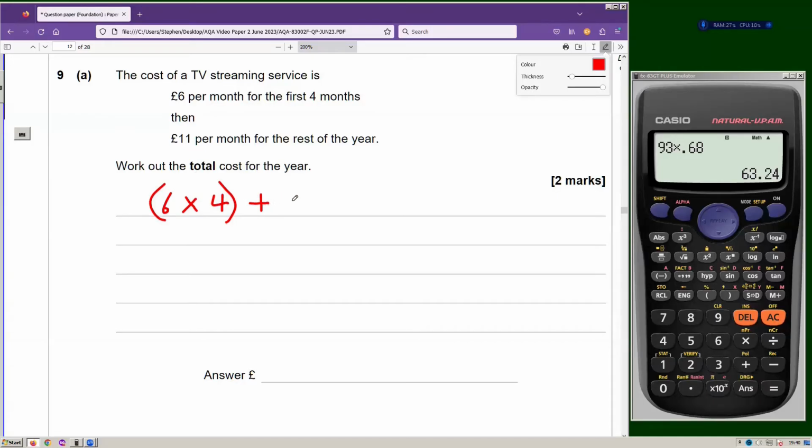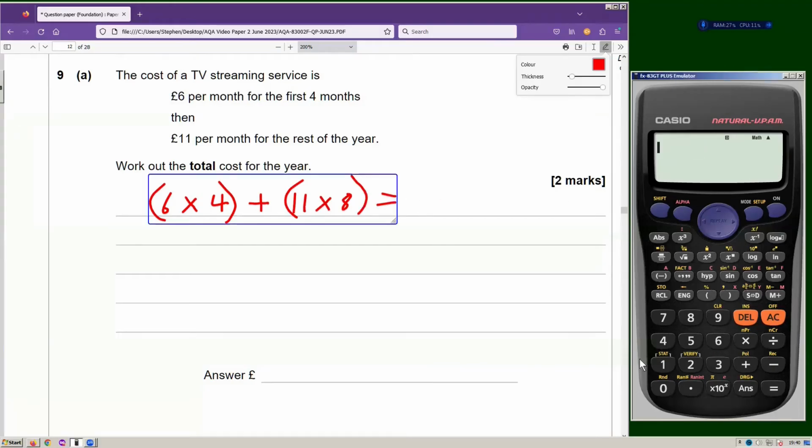So then we've got £11 times 8. I think that's correct. We won't even need the brackets with the calculator. We just go 6 times 4 plus, and it will follow the rules of BIDMAS. 112.